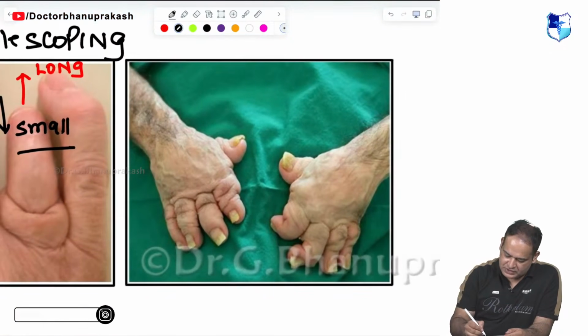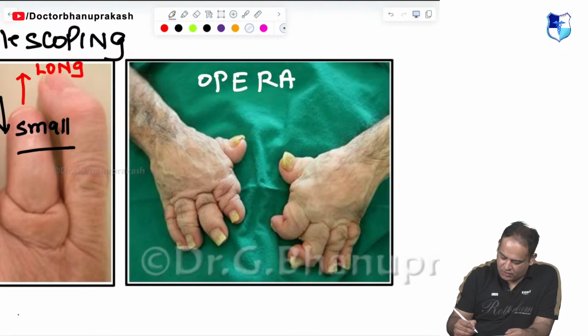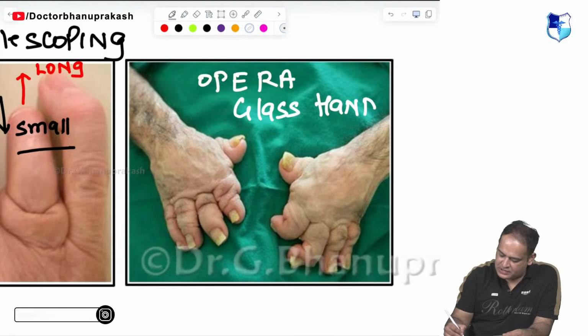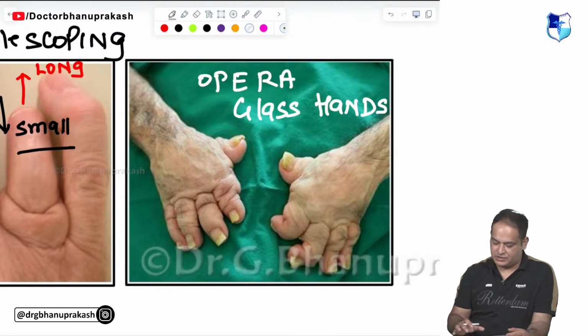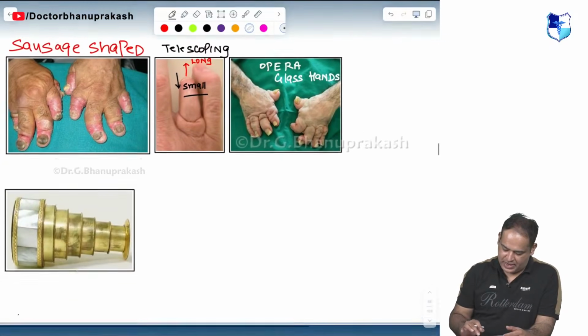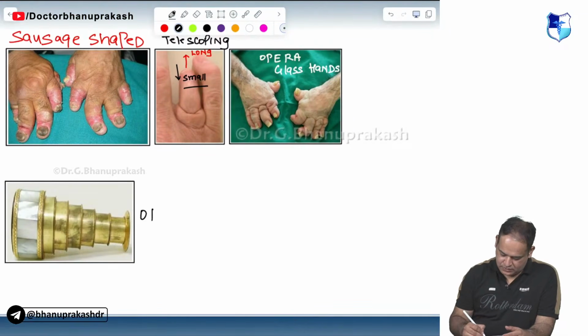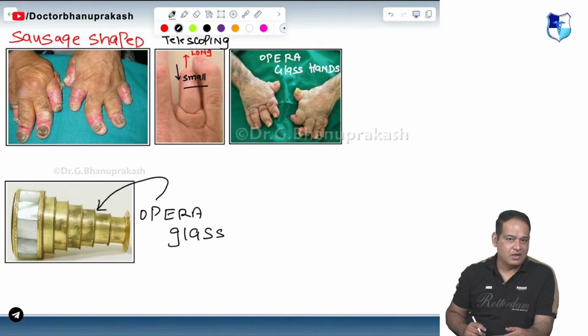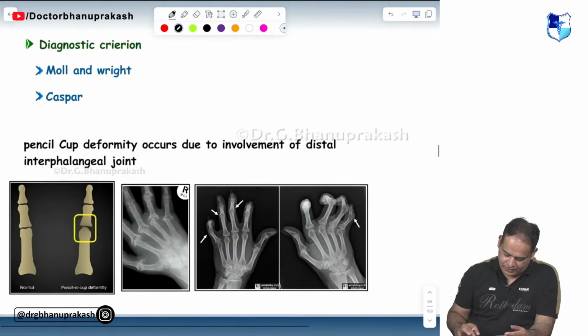Then you see the skin fold. These skin folds are called opera glass hands. Right? Opera glass hands. So this is an opera glass, right?